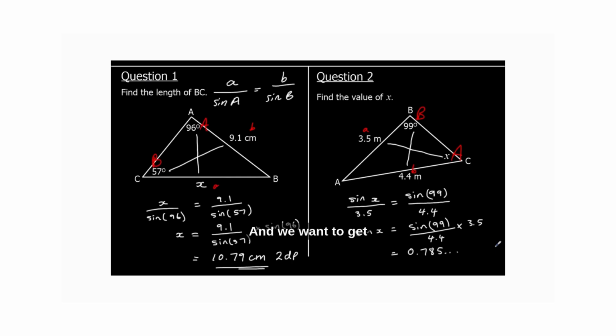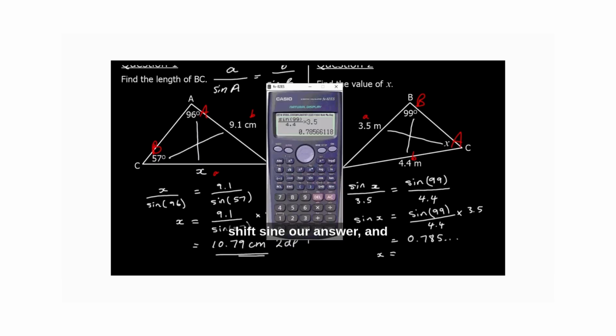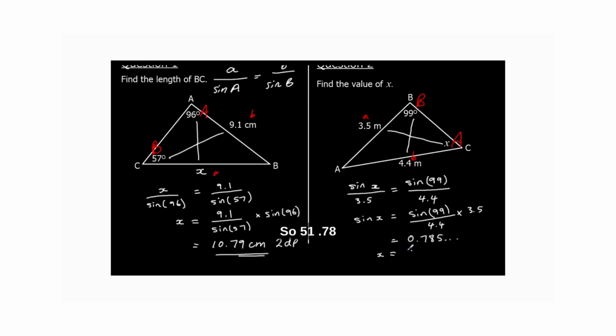And we want to get x away from sine, so we shift sine. So we're going to shift sine our answer, and we get 51.78 to 2 decimal places. So 51.78 meters to 2 decimal places.